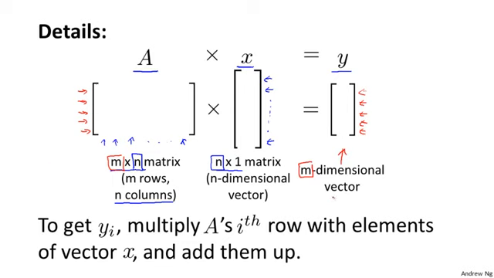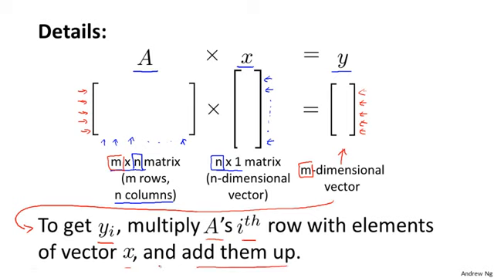Well, it turns out that to compute this vector y, the process is to get y_i, multiply A's ith row with the elements of the vector x and add them up. So here's what I mean. In order to get the first element of y, that first number, whatever that turns out to be, we're going to take the first row of the matrix A and multiply them one at a time with the elements of this vector x.